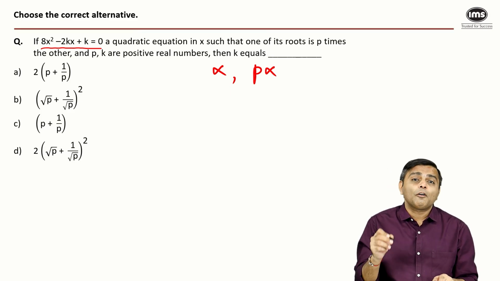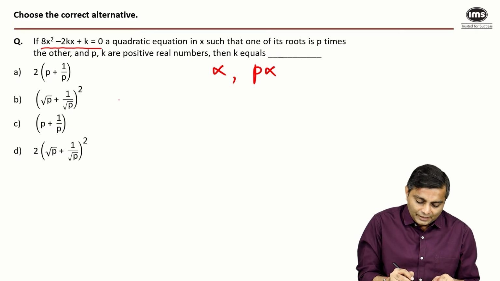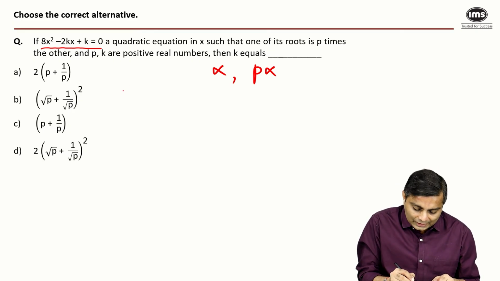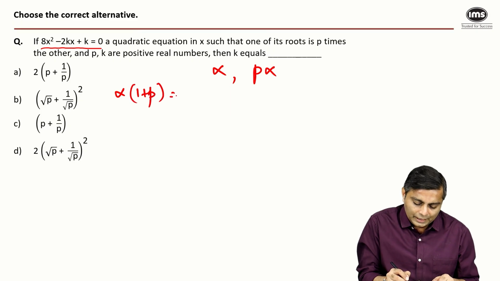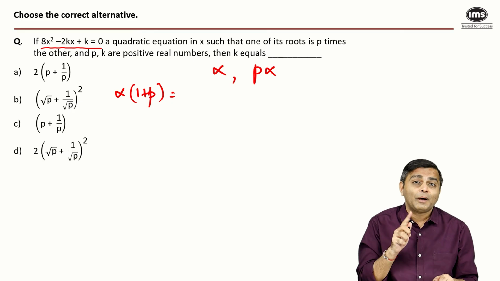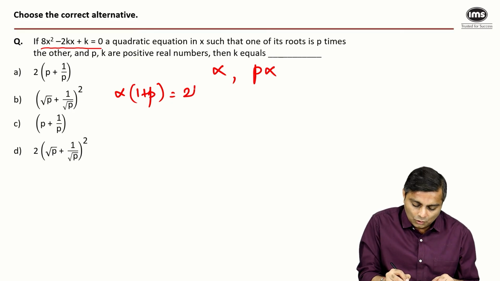Okay. Sum of the roots, alpha plus beta, is minus b by a. Here it is alpha plus p alpha. So alpha times (1 plus p) is minus b by a. b here is minus 2k. So minus of minus 2k is 2k by 8.